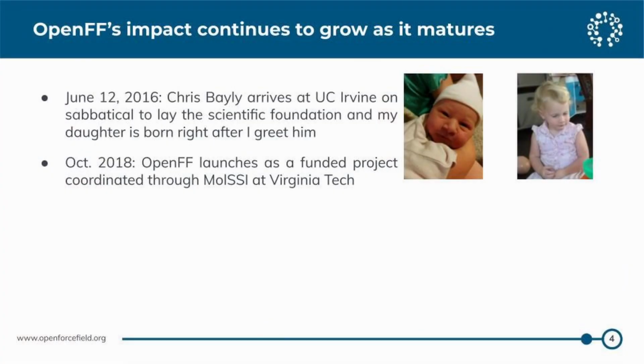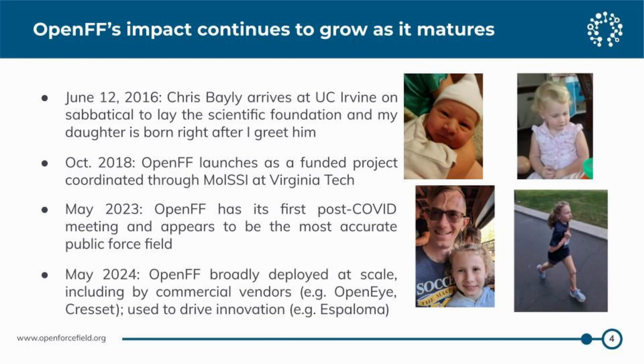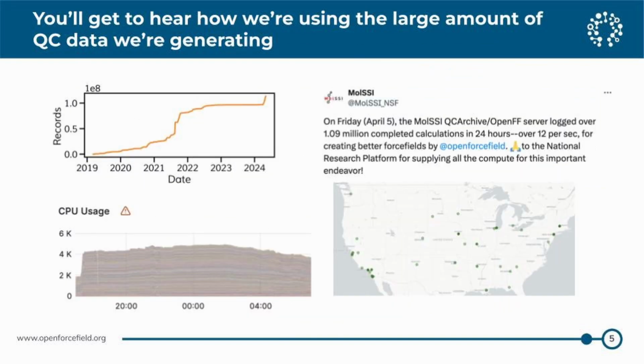Then, so there's my daughter there. In 2023, we had our first meeting, so that's last year, starting to look a little more grown up. And now we are off to the races, commercial vendors and so on. So OpenEye, for example, relies a lot on our force fields. And so we're really excited about that and excited about the things that are coming.